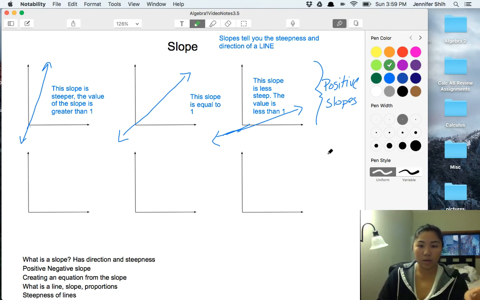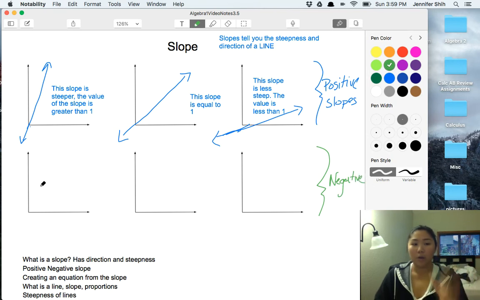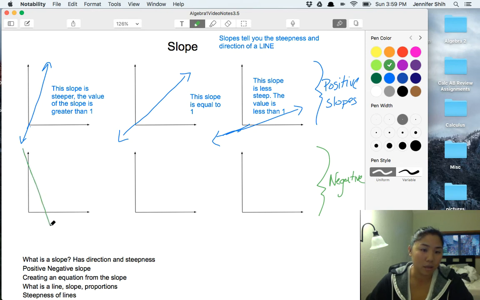Okay. Now, these slopes down here are all going to be negative. So we have something that looks like this. We have something that looks like this. This should hit the origin.